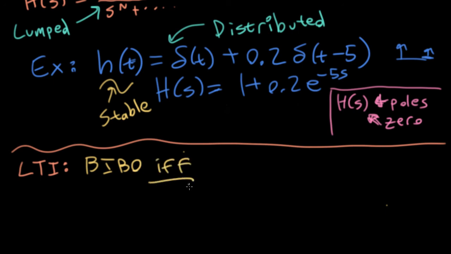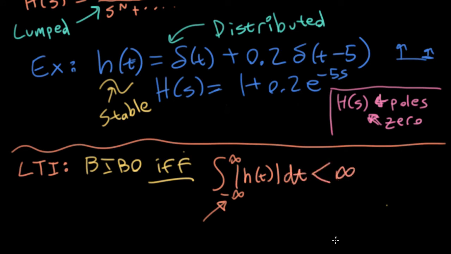For LTI systems, it turns out that a system is BIBO stable if and only if, and in this case it's not a definition, this is a theorem, if and only if the integral of that function, and here I'm going to broaden our realm of discourse a bit and include functions that may have some support on the left-hand part of the time axis, if and only if the magnitude of the impulse response integrates to something that's finite.